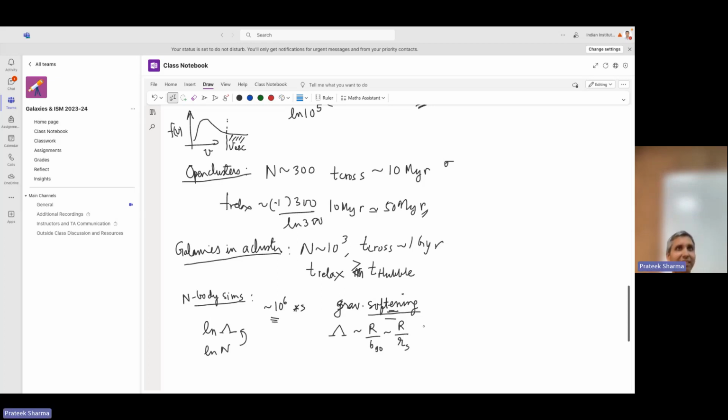If these two body processes were important, that approach would not work, right? In that approach, what you're saying is that the gravitational influence of masses which are far away is much more than the gravitational influence of masses which are very near you, right? So, for example, it's not always true.